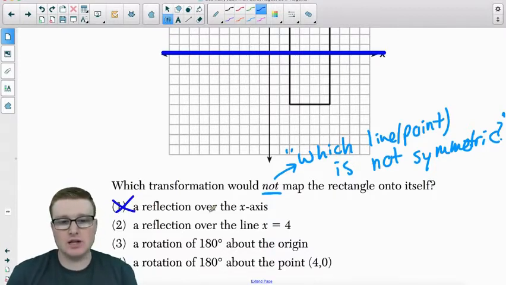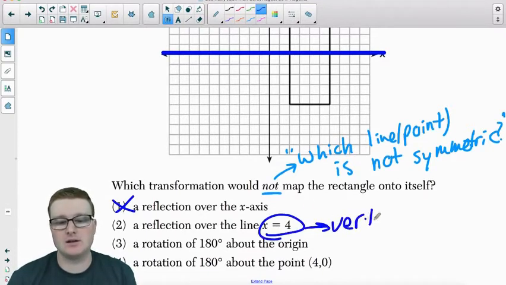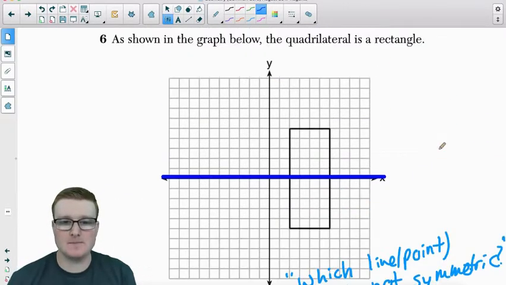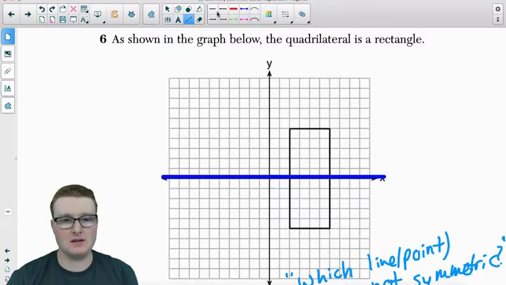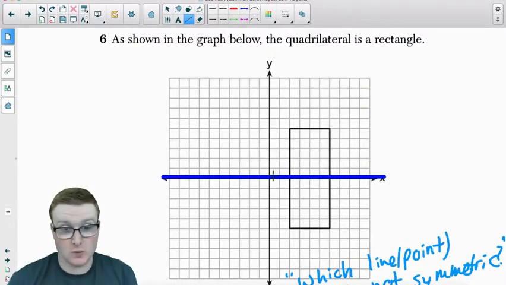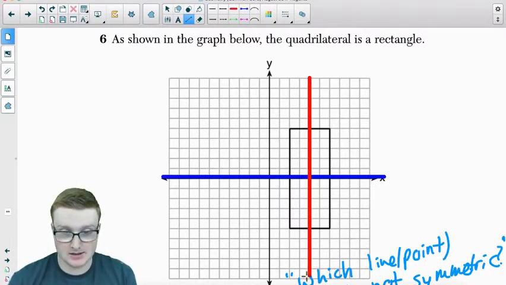A reflection over the line x equals 4. Oh boy, every geometry student's nightmare is to graph vertical lines. That's a vertical line. Okay? So the line x equals 4 passes through all values where x is equal to 4. We'll just go 4 to the right. 1, 2, 3, 4. You're going up and down like this.